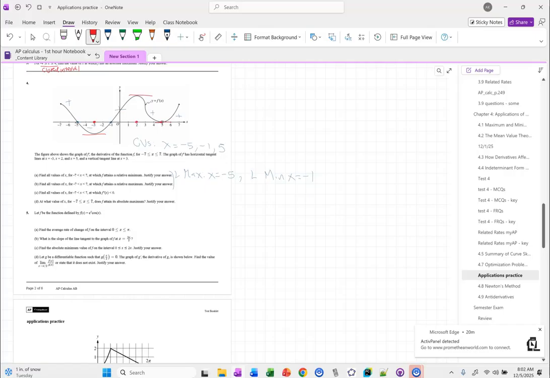If I look at the slope of f prime, what's happening to the slope of f prime here? Negative. And then from here to here, we are positive. And then from here to here, negative. And from here to here, positive.